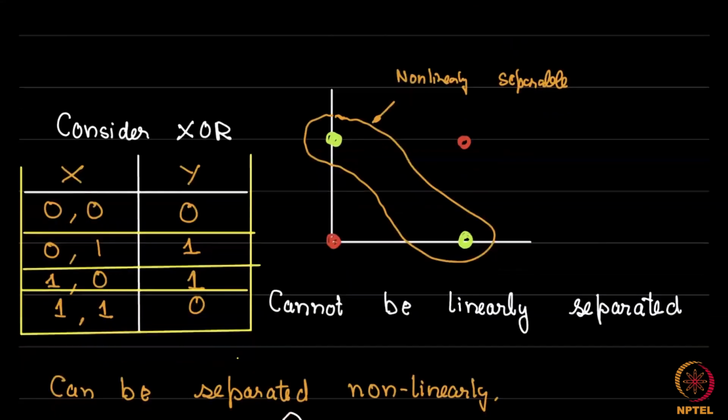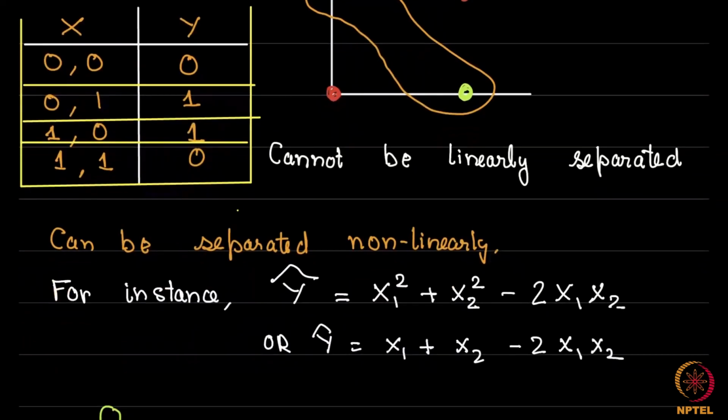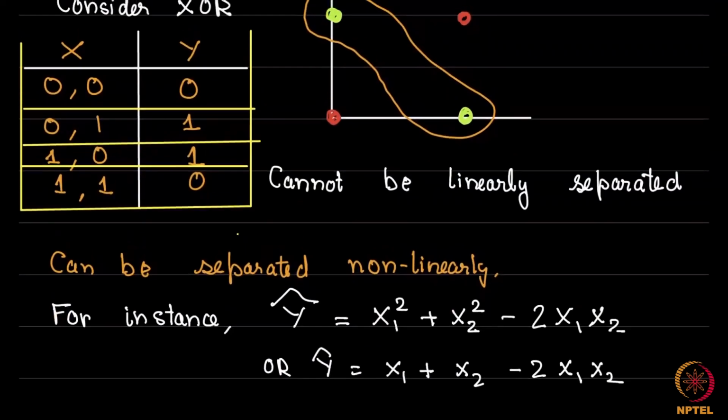Since that is the case, I'll tell you a couple of expressions that will achieve this. If it were linearly separable, then you would be able to get some expression which looks like W1x1 plus W2x2 plus W0, which would be a line which will separate it, which we know is not possible.